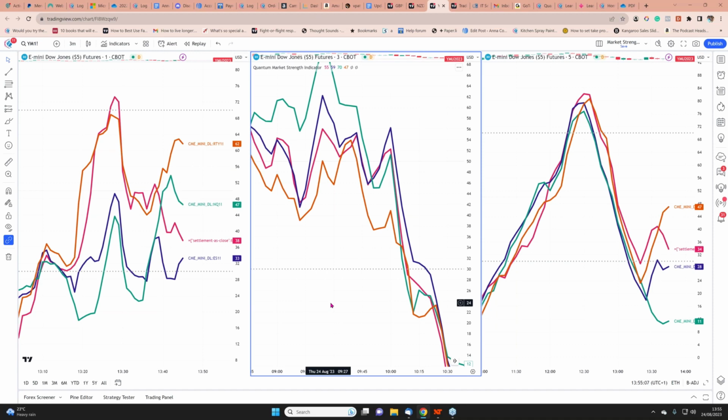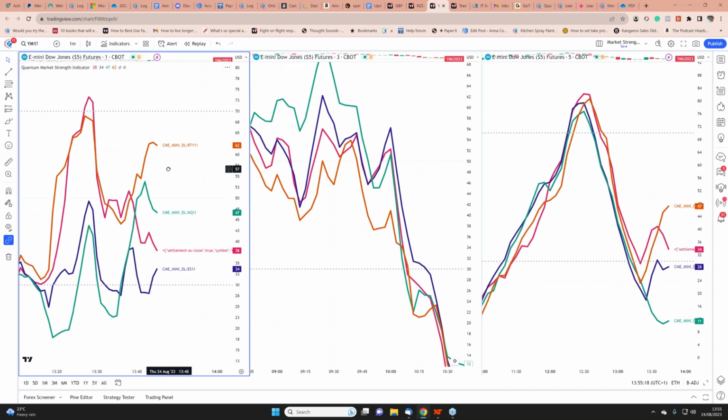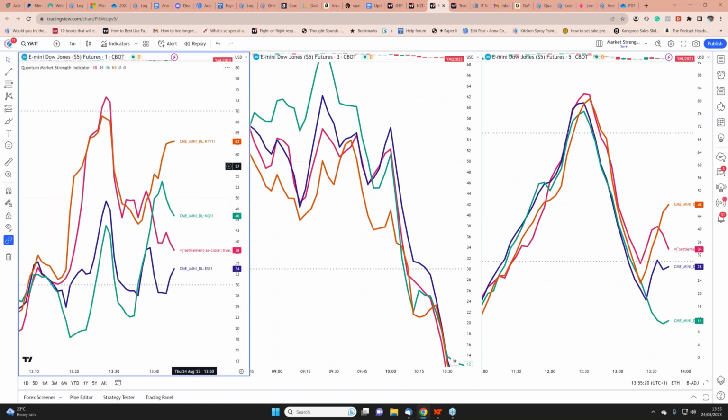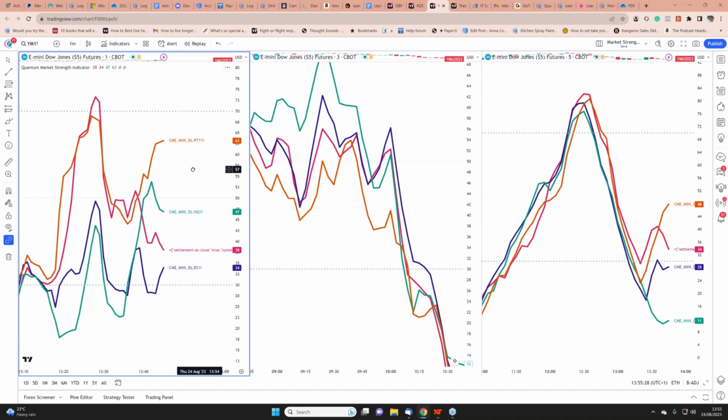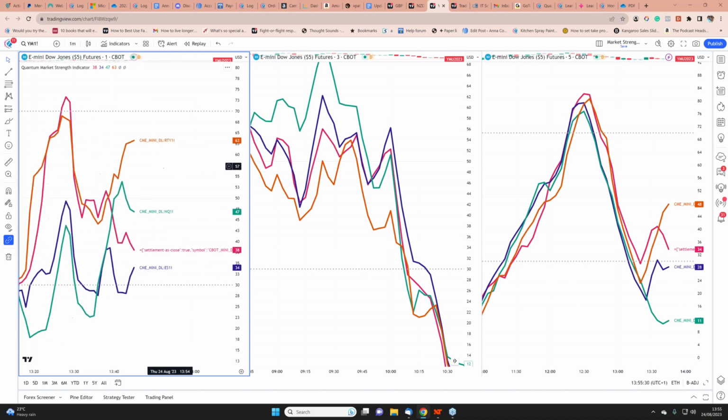And what the market strength indicator allows us to do, and I've kept it very simple here, I've just put the 4 futures on here. I've got the YM, the NQ, and the ES is at the bottom here. The YM is the pink one here. This is the NQ, and this is the Russell.